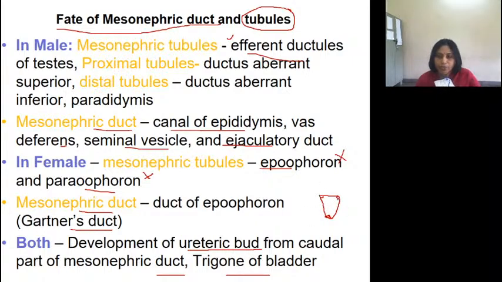The rest of the bladder mucosa is derived from the endoderm, because the urogenital sinus is lined by endoderm, but initially the mucous membrane of the trigone of the bladder is derived from the mesonephric duct, which is derived from the mesoderm.